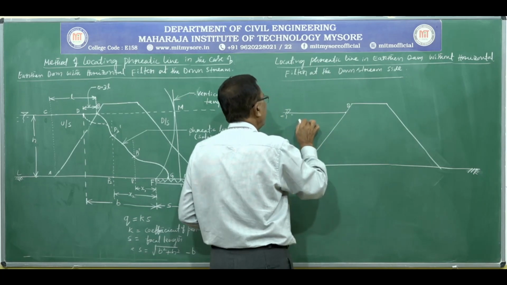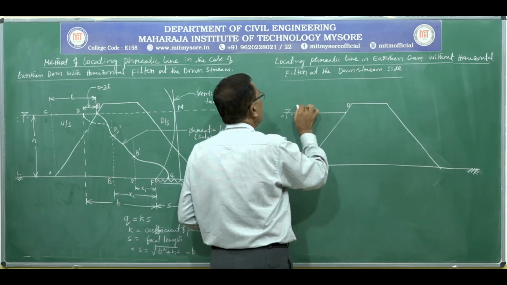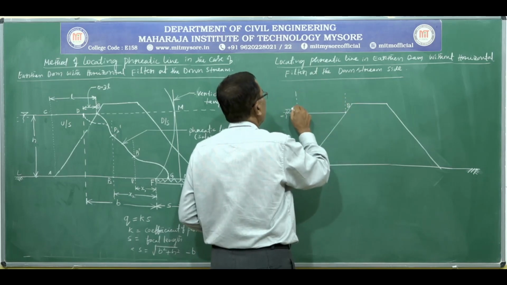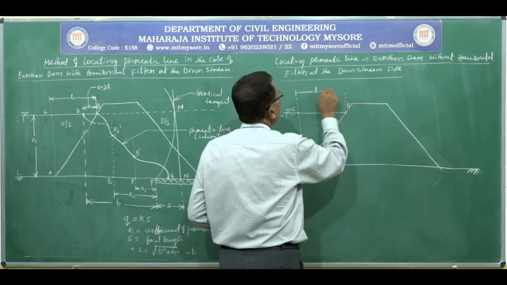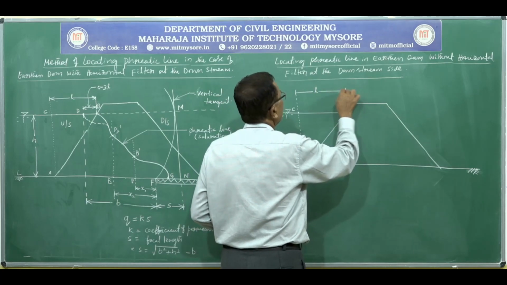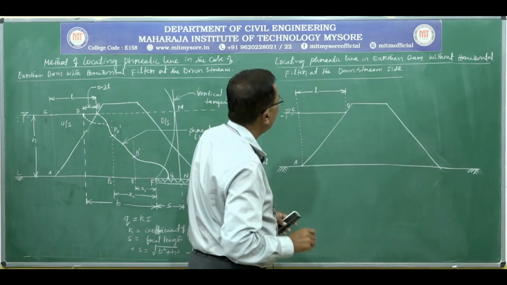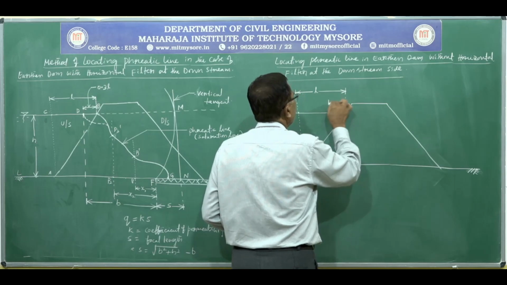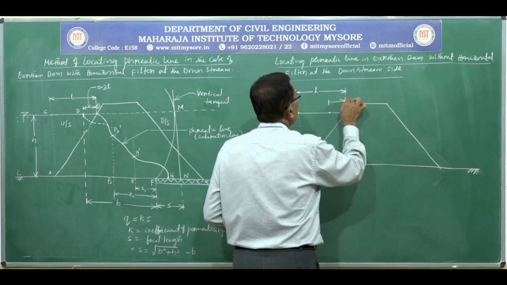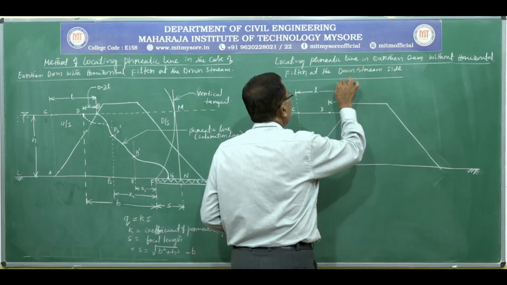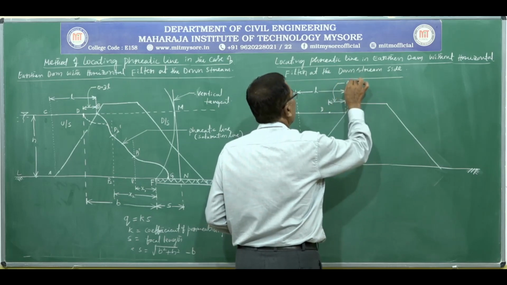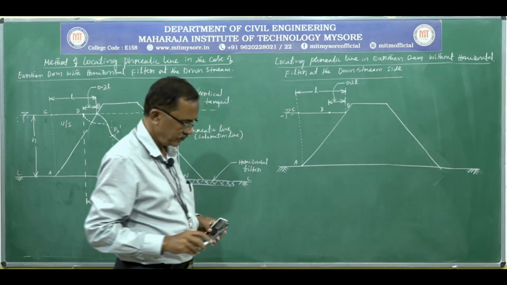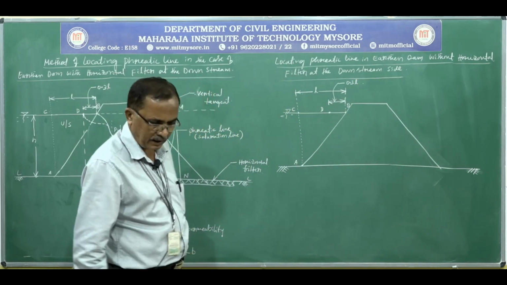Produce point A in the upward direction to meet the water level. So, let BC be the length L. Take 0.3 times L as D, which is the theoretical commencing point of the phreatic line.